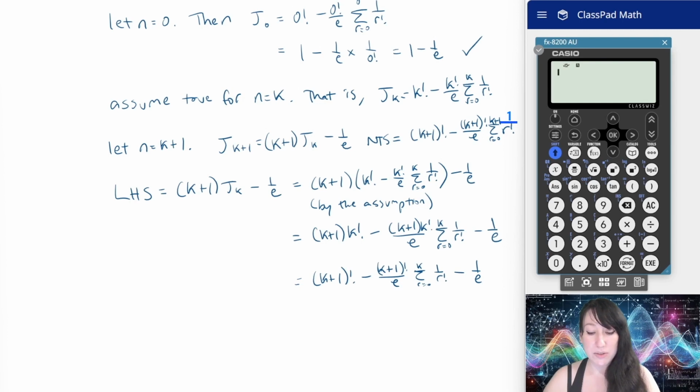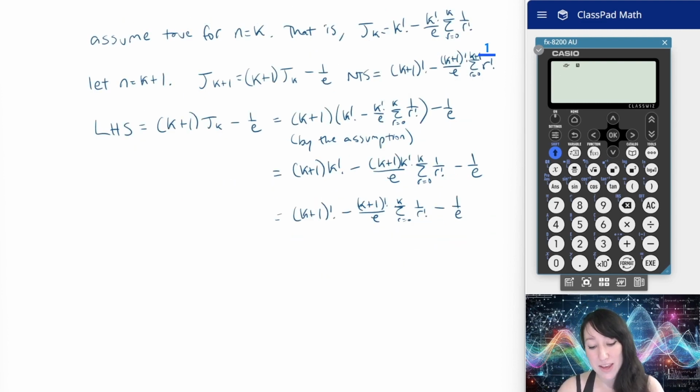Now, the last thing to do to get this equal to this thing here. So what we're going to do is factorize the minus (k+1)! over e from these two terms.